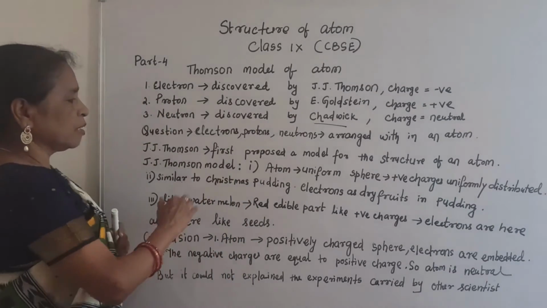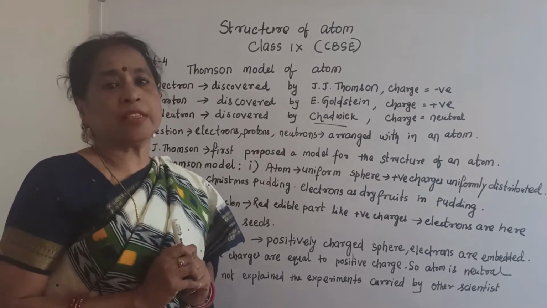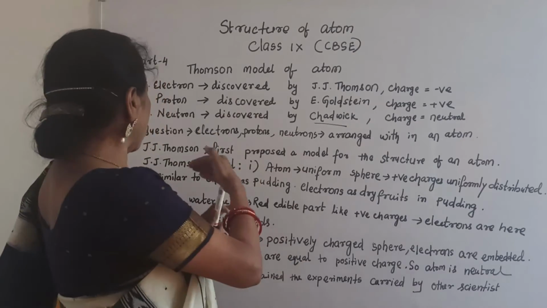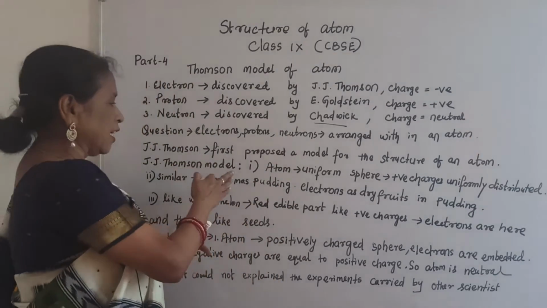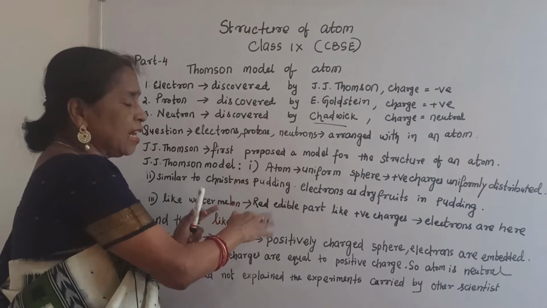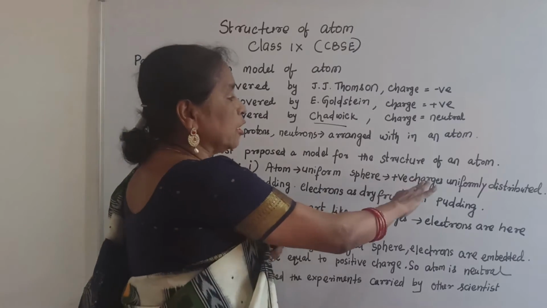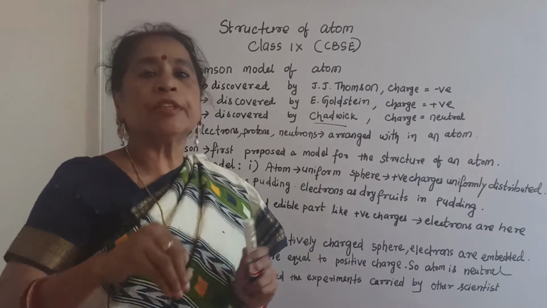Then what is the Thomson model of atom? Atom is one uniform sphere. According to the postulates of the model of the scientist J.J. Thomson, the atom is a uniform sphere, where positive charge is uniformly distributed.